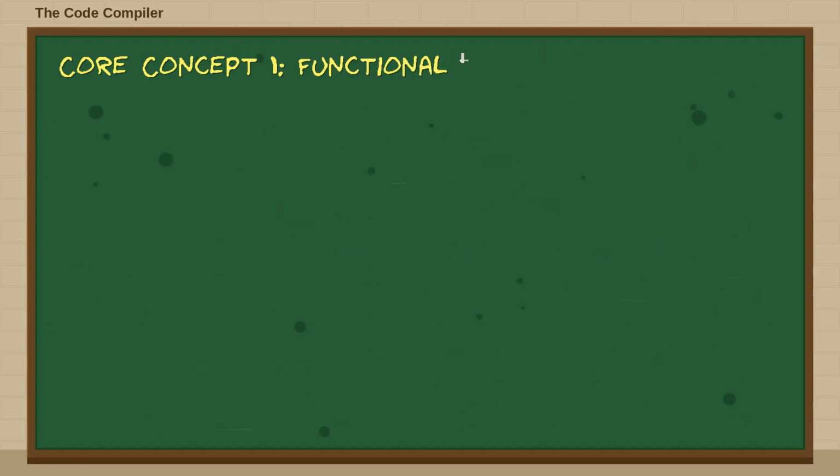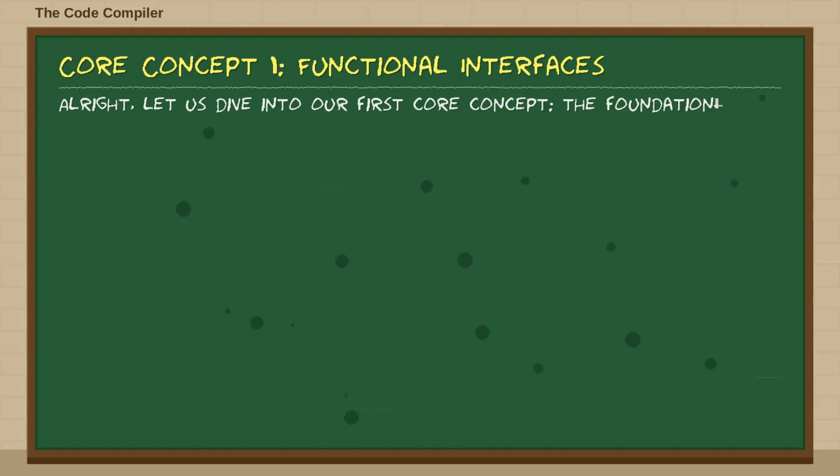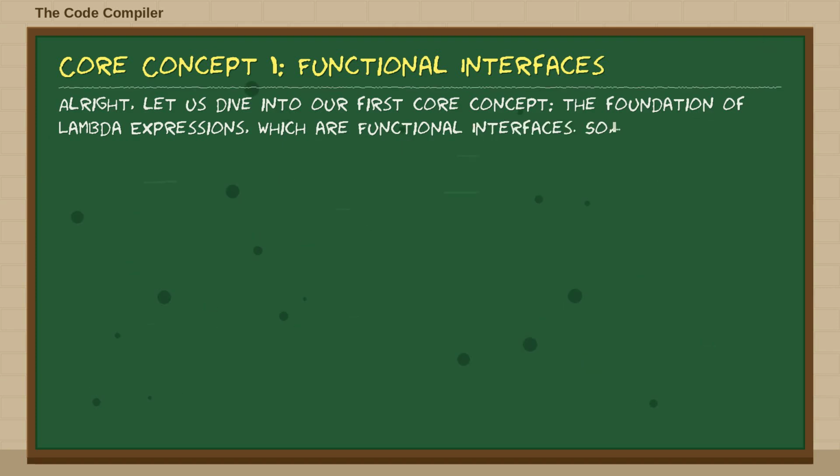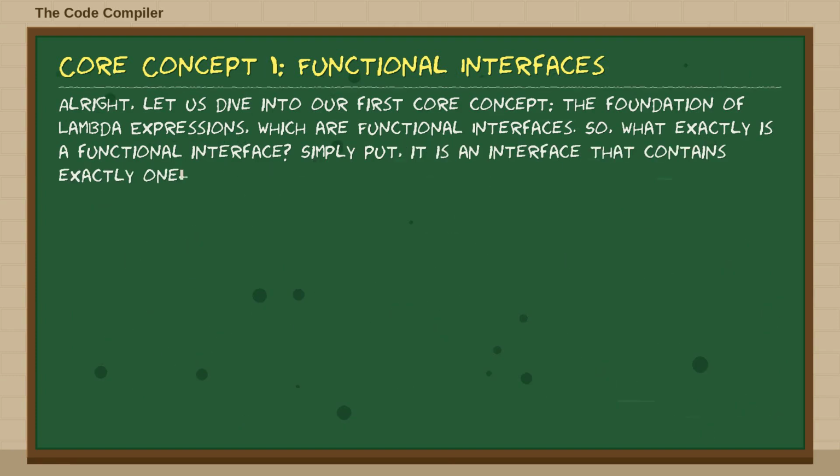Alright, let us dive into our first core concept, the foundation of Lambda expressions, which are functional interfaces. So, what exactly is a functional interface? Simply put, it is an interface that contains exactly one abstract method. That is the key rule.